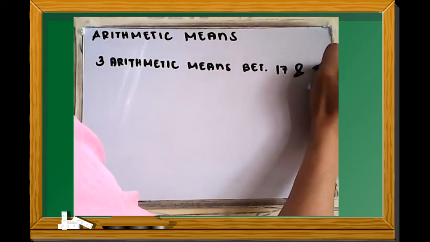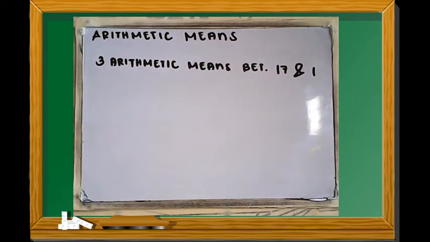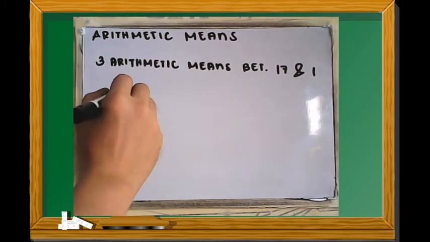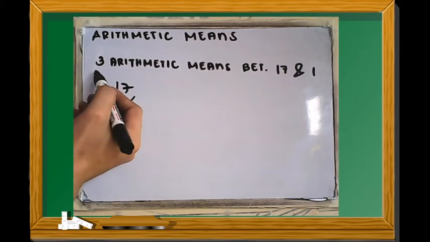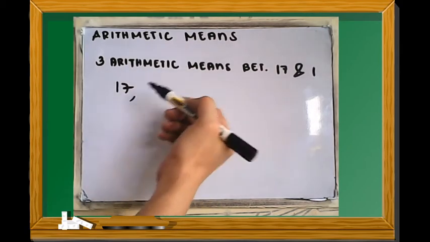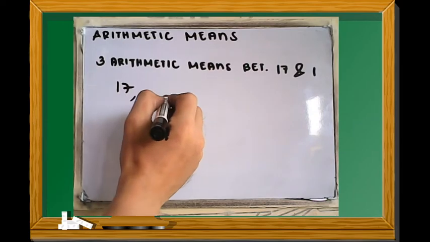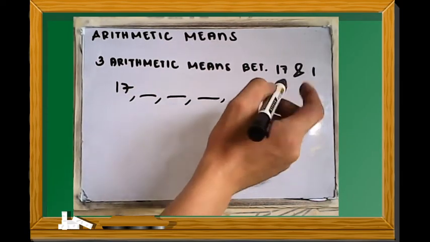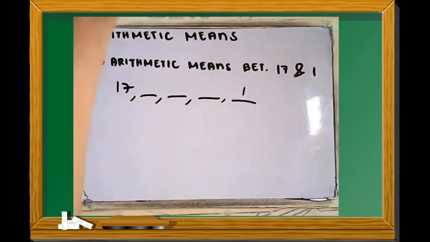It means that we have 17 as our first term, and then there are three terms between 17 and 1, that is 1, 2, 3. So they are the arithmetic means, and then the last term is 1.